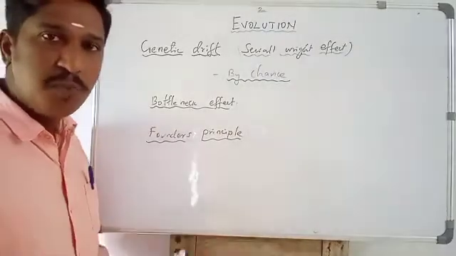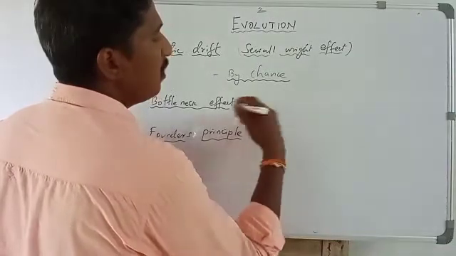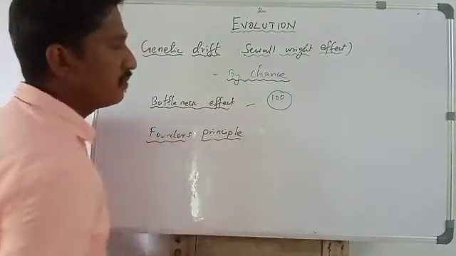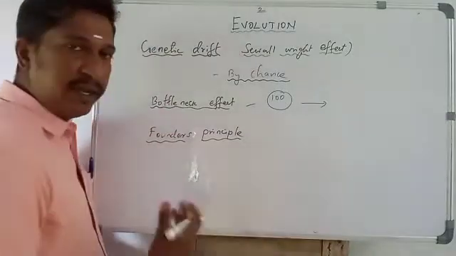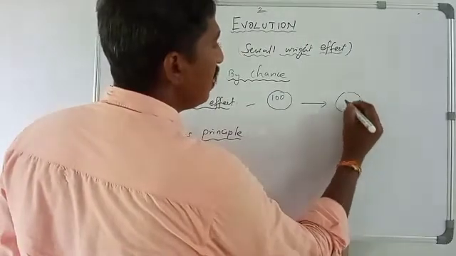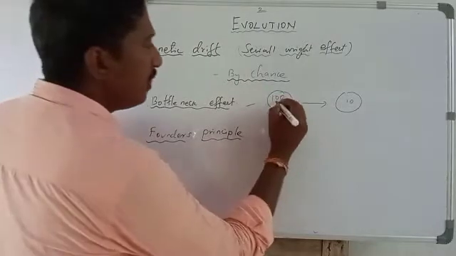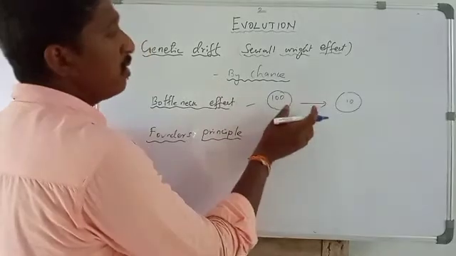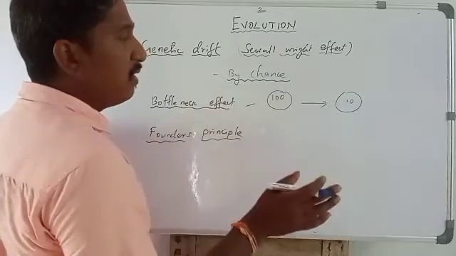Suppose before the calamity the population has 100 individuals, but after the volcanic eruption or any natural calamity only 10 are left. The remaining population is dead or eliminated.